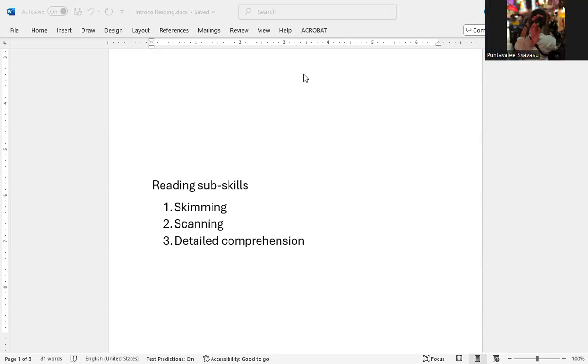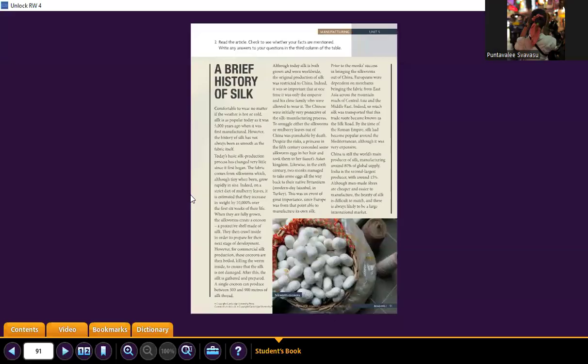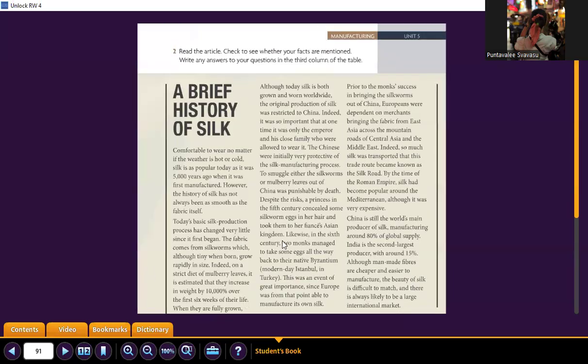So let's see the reading, the one that you have to do. We're going to work on this reading, which is A Brief History of Silk, on page 91.